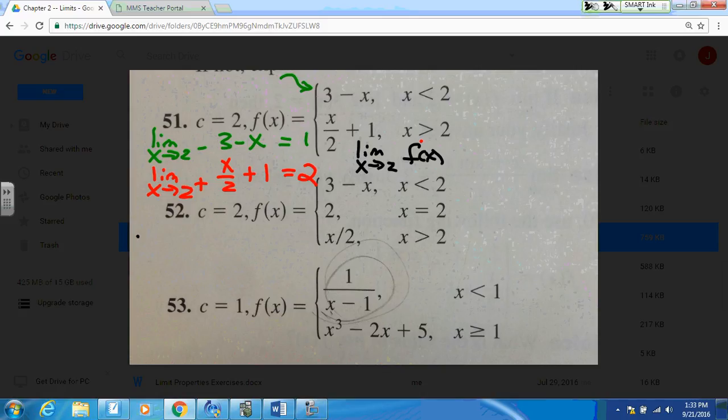I can immediately appeal to the two-sided theorem. Limit from the left is 1, limit from the right is 2, limit overall does not exist because the two values are different. What about, they don't ask this question, but what is f of 2?